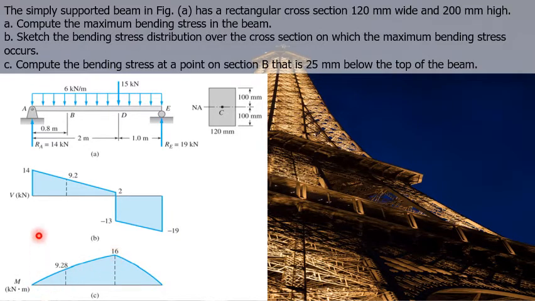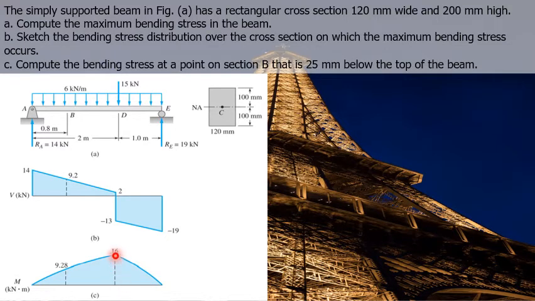At point A, the parabolic curve should have a positive slope. And at point D, the parabolic curve should have a zero slope. For that to be possible, the parabolic curve should concave downward. So from 0 to positive 16, the parabolic curve concaves downward.